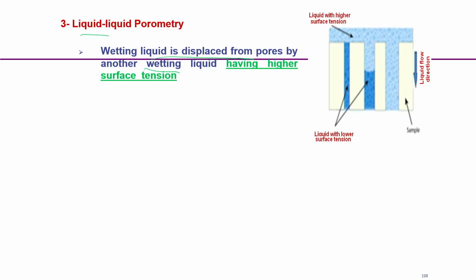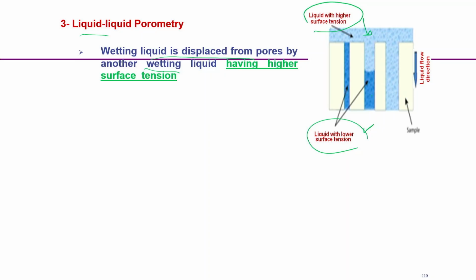So, first we will wet the fabric with a liquid with a lower surface tension, and then a liquid with higher surface tension is forced.